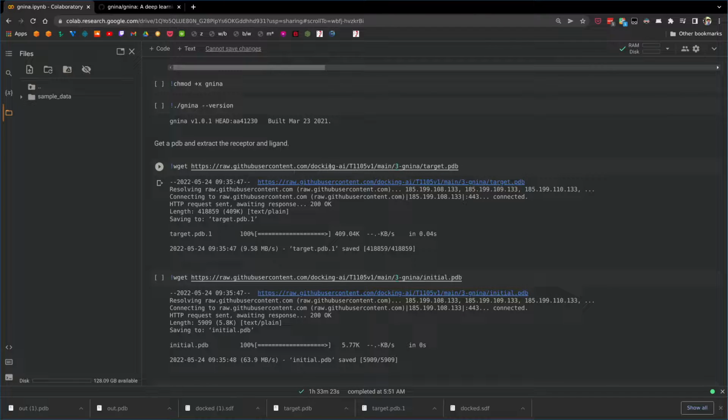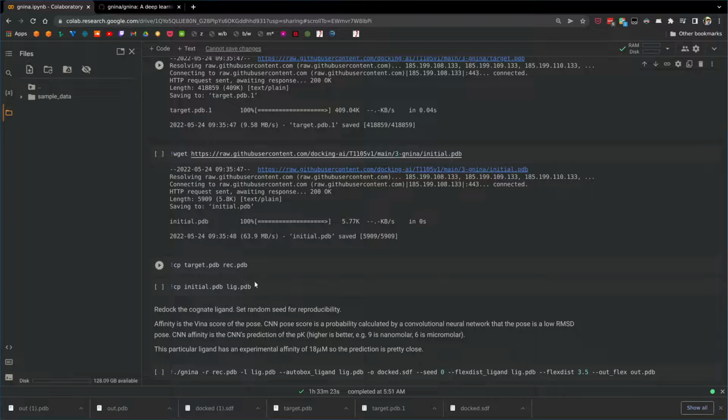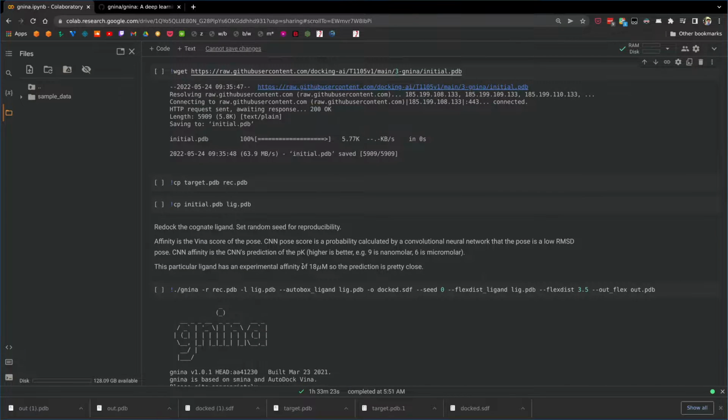And we did do a little bit different. We got it from our GitHub, so you can just get it from there. That's open source there, target and initial, and then we use that as the ligand.